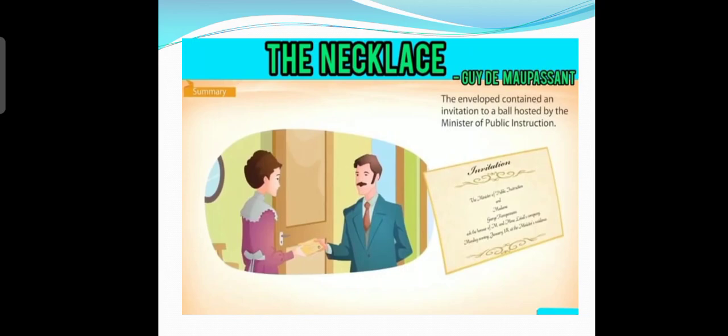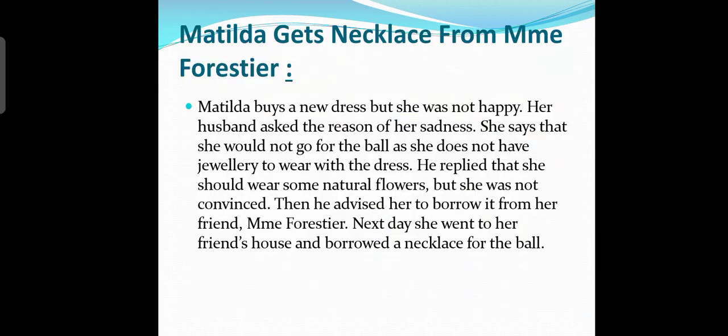See, here he is very happy and handing over the invitation to his wife, and he is thinking that she will also be happy, but her expression was something different. It was not the same as he thought, right?